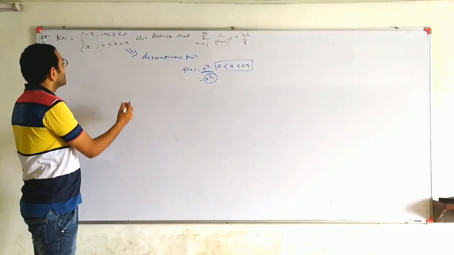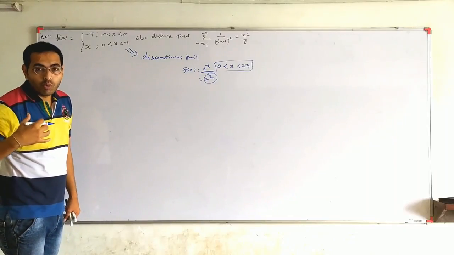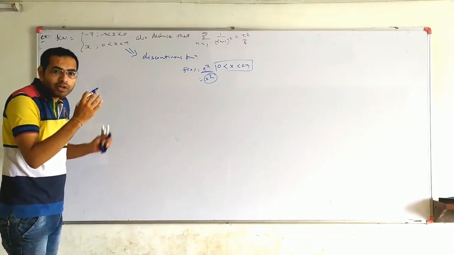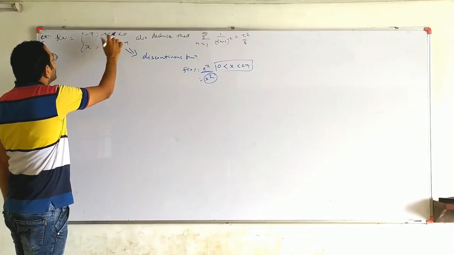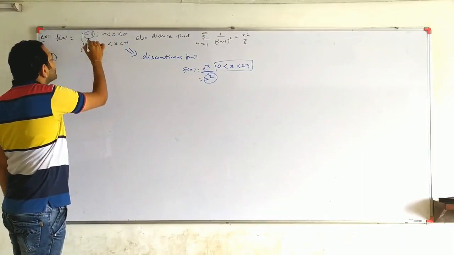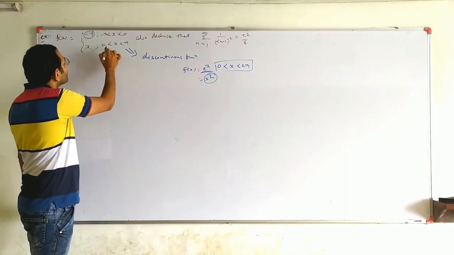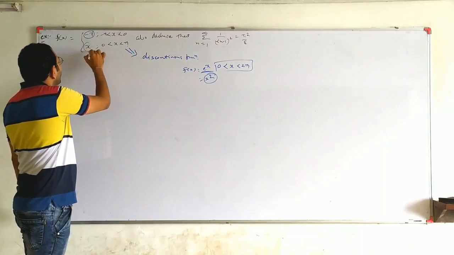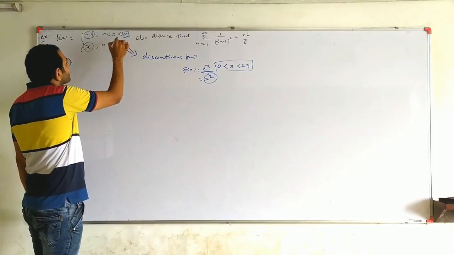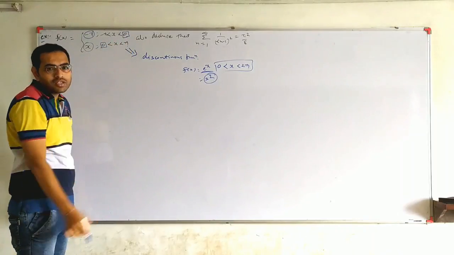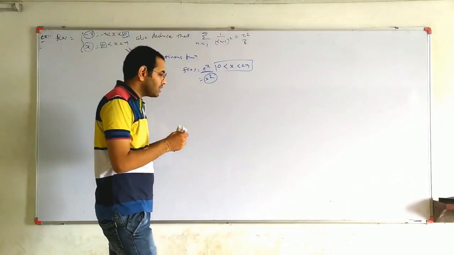But here we have more than one function in a particular interval: from minus pi to 0 we have the function as minus pi, and from 0 to pi the function value is x. So at the particular position 0 we can say that our function is discontinuous.